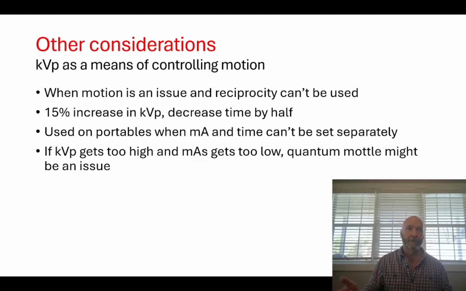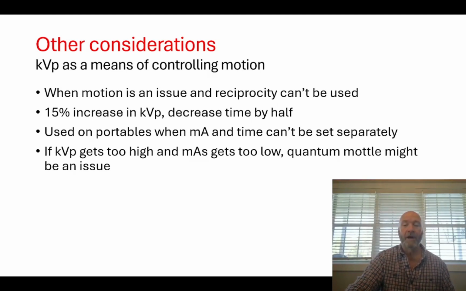If you have a patient who's on a vent and the vent's moving pretty quickly, and let's say it's an abdomen exposure on a larger patient where you might use 100 mAs, and you can't get lack of motion with a 1 second exposure, what you could do is increase your kVp by 15% and reduce your mAs by half. So lower mAs exposures, sometimes with your pediatric patients who can't be still, that's a good option as well.